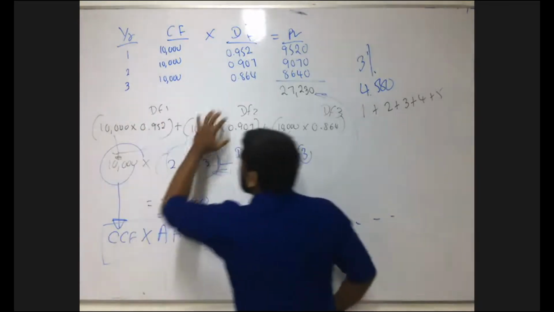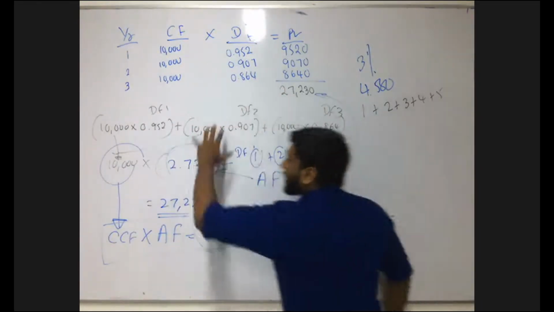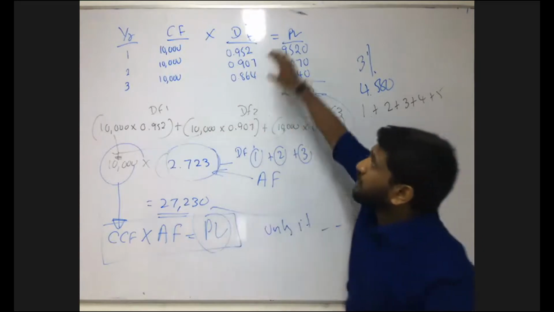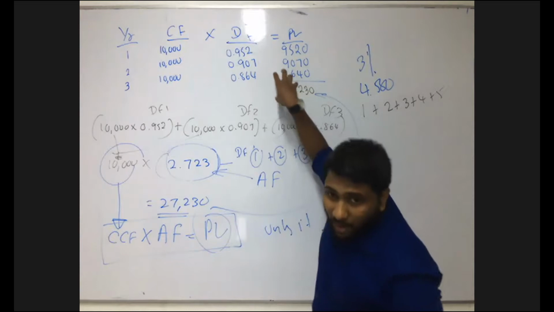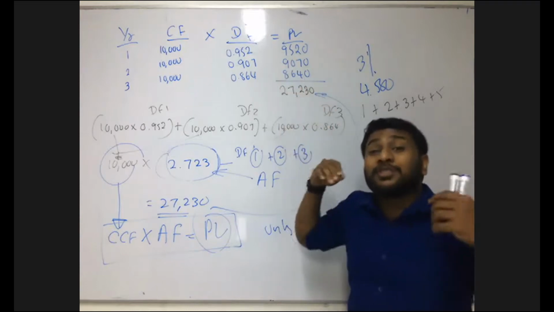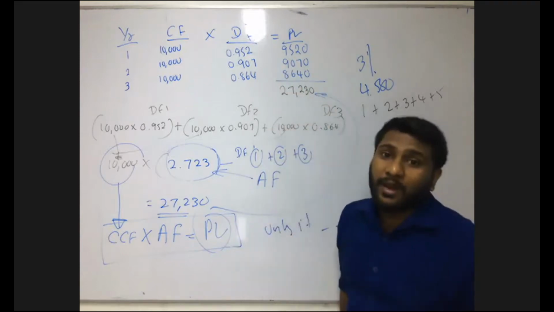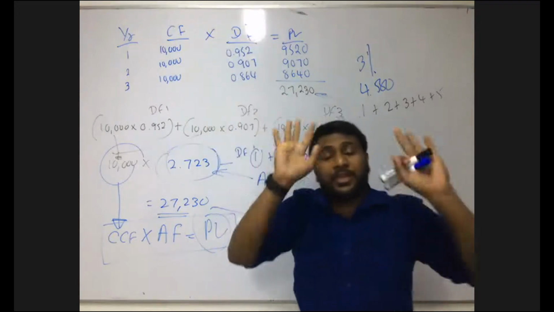If your cash flows are same, instead of using discounting factors like this, you can simply use the annuity factor. Now here, guys, this question is only for 3 years.